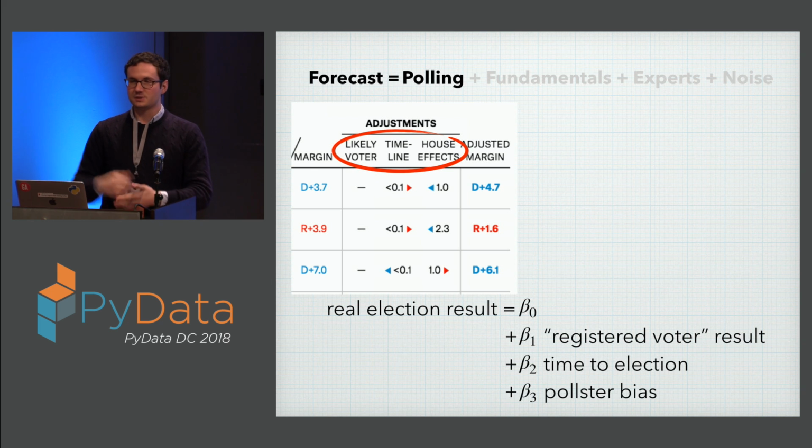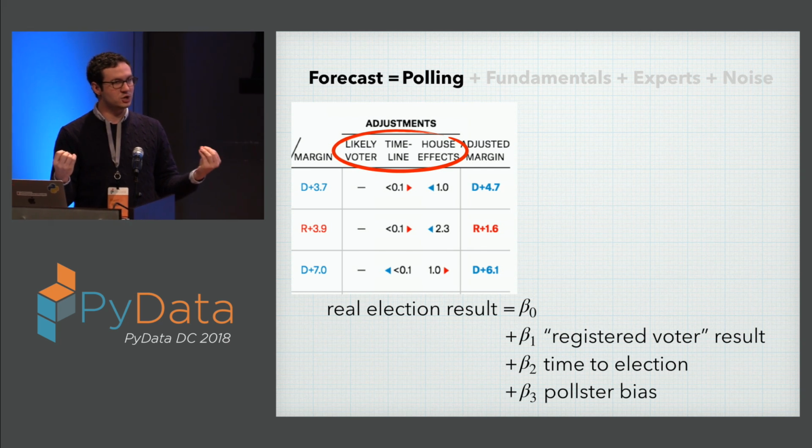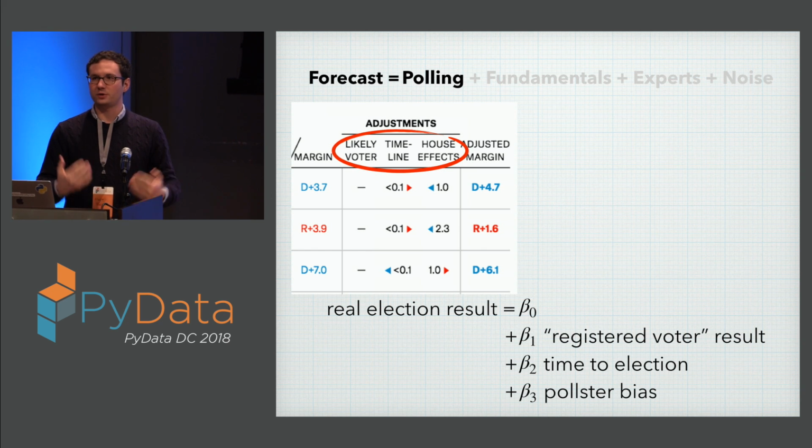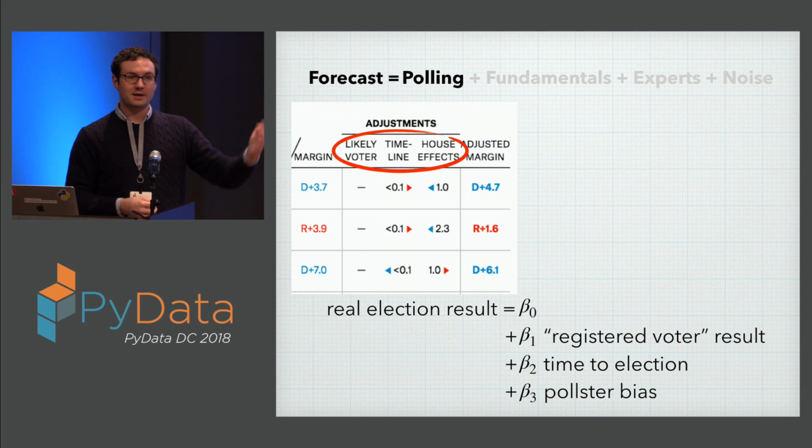Connecting this with polling, and specifically to FiveThirtyEight, if you were to poll all registered voters versus just polling people who are likely to show up, these are two very, very different universes. For example, FiveThirtyEight walks through the fact that their likely voter universe tends to, on average, be a bit more Republican than the entire registered voter universe.